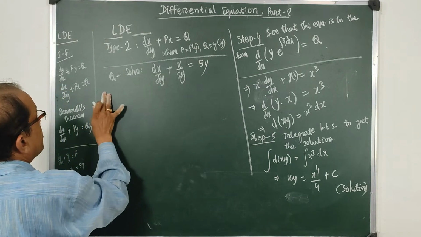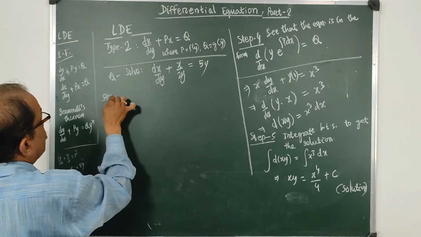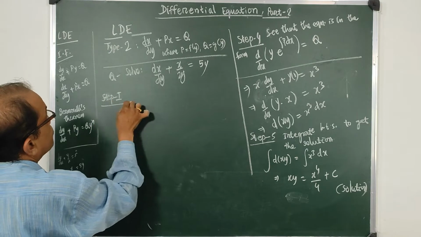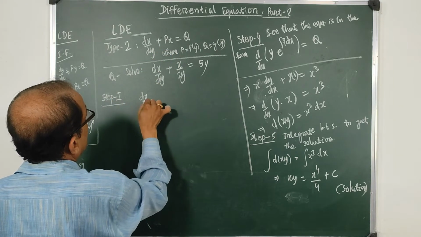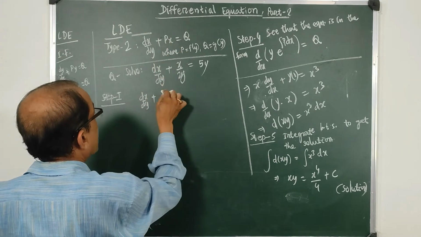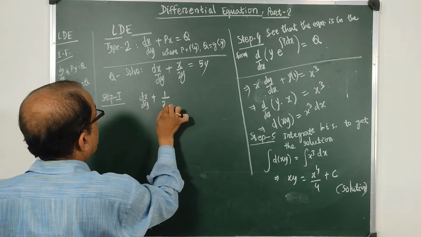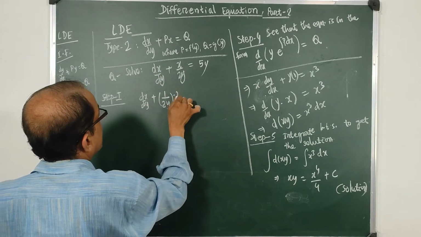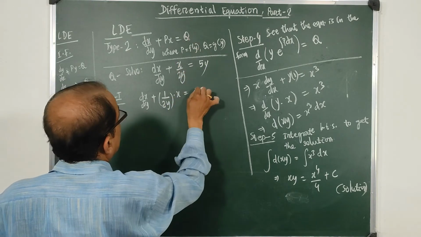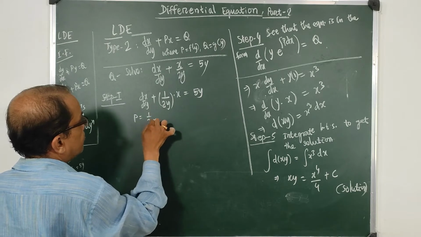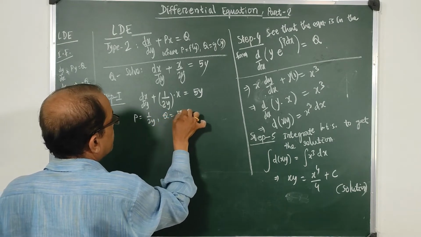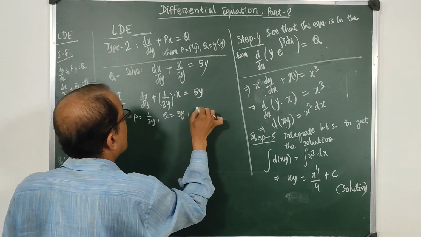So step 1 is to put it in this form. Here dx by dy plus px, so keeping x away, we find 1 by 2y into x is equal to q, which is 5y here. So we found p is equal to 1 by 2y, q is equal to 5y.